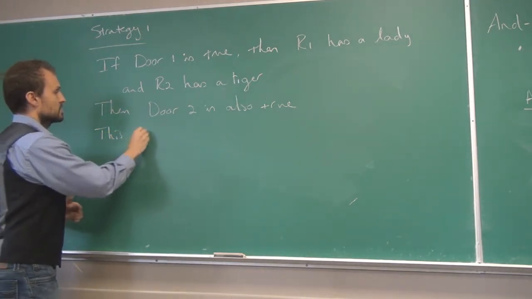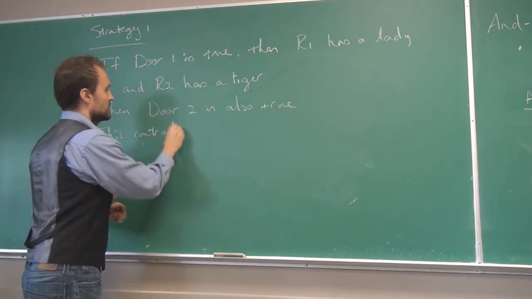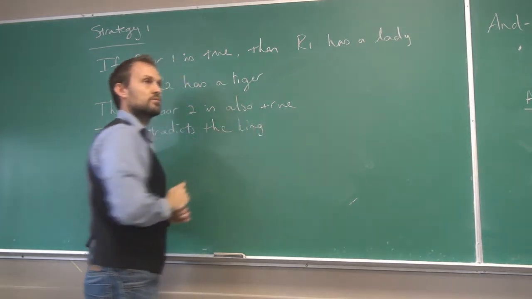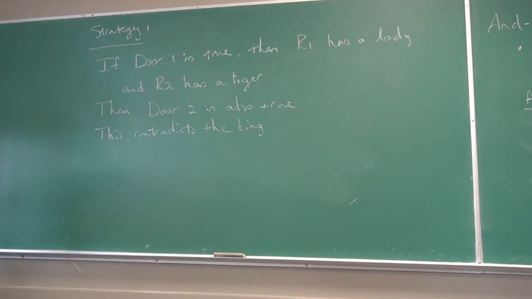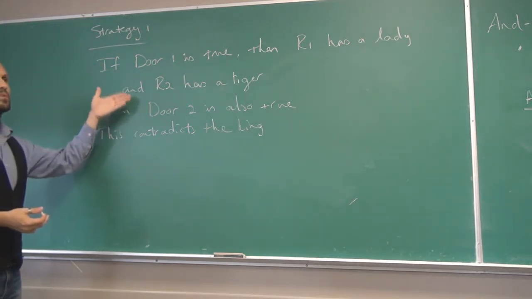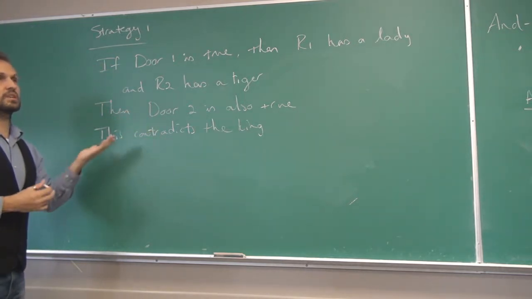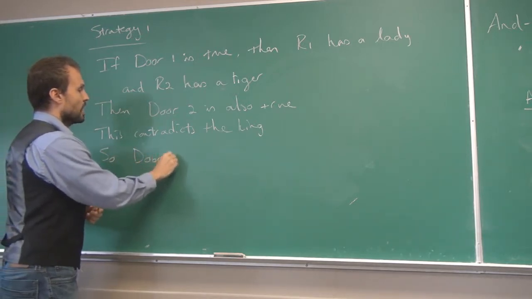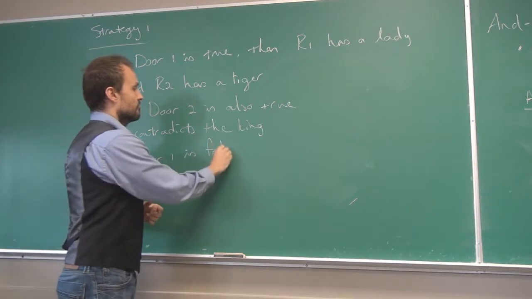So let's say this contradicts the king, and we can't do that. Can't go against what the king's saying. So what does that tell us? That tells us that our original assumption was wrong, and door 1 can't be true. Otherwise, we have information that contradicts the king. So that can't be what's happening. So door 1 is false.